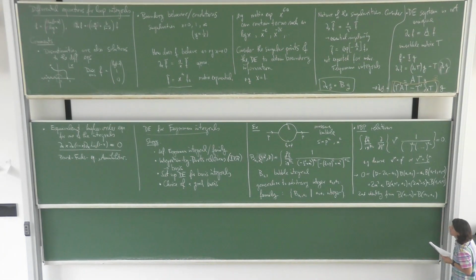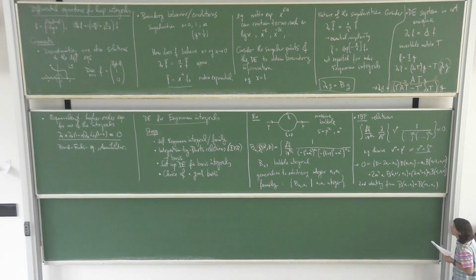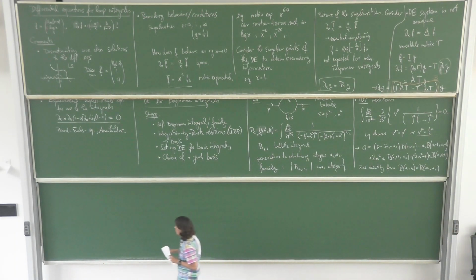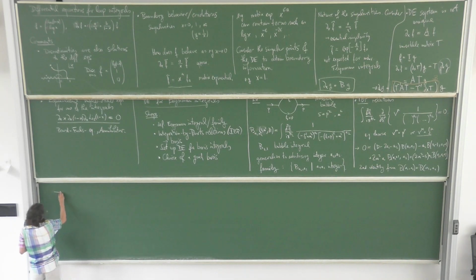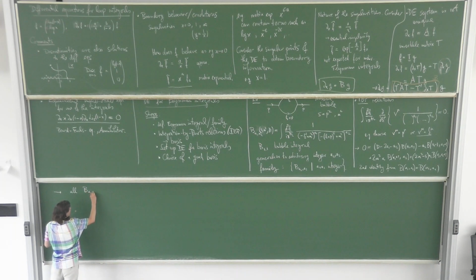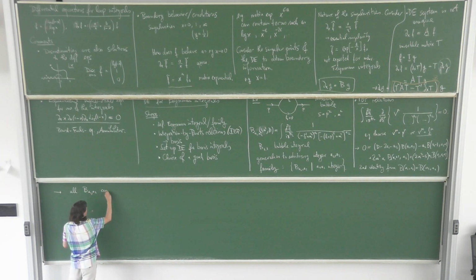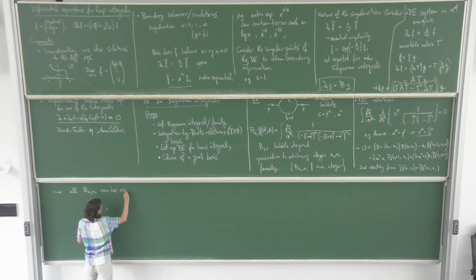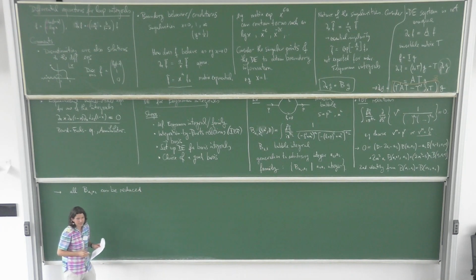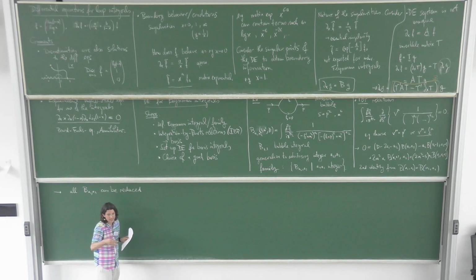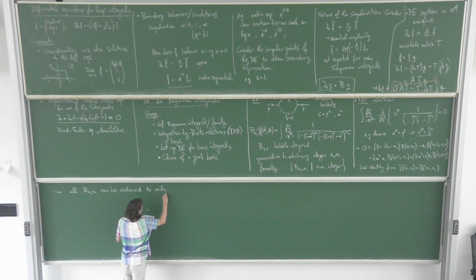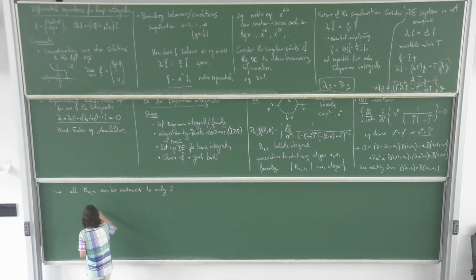So let's make some space. It turns out that all b a1, a2 can be reduced. Reduced is some kind of slang in this community, so they can be related to other integrals, to only two integrals.